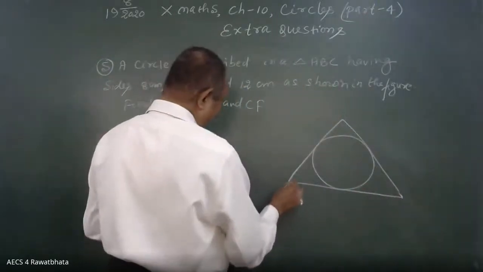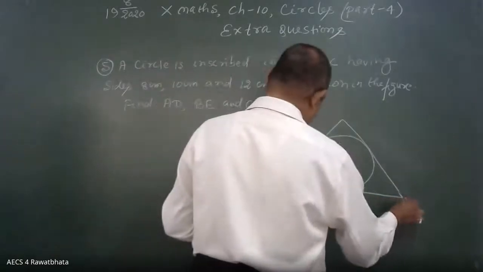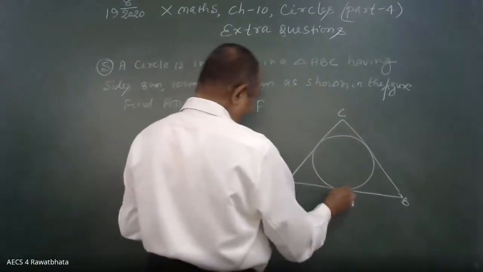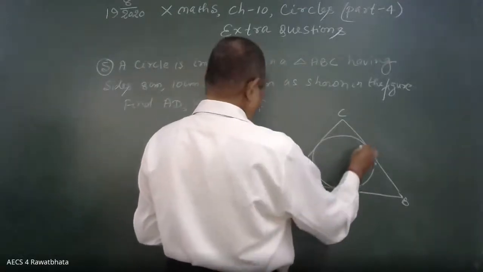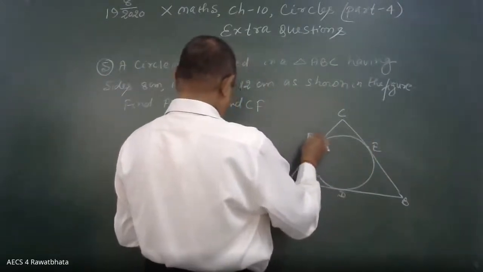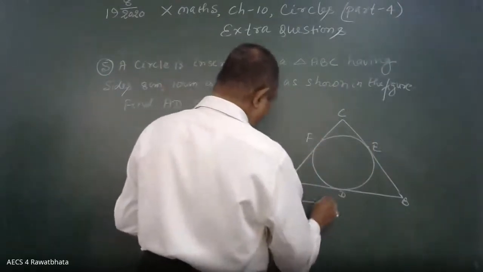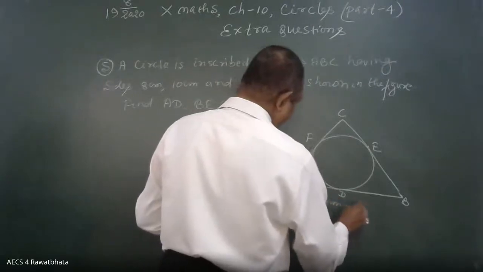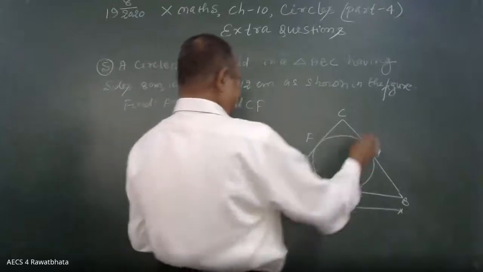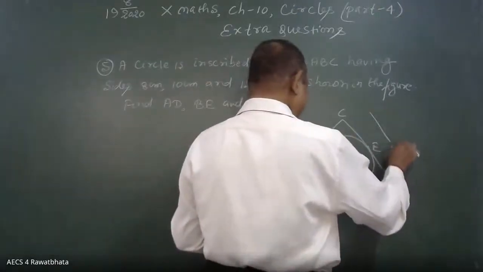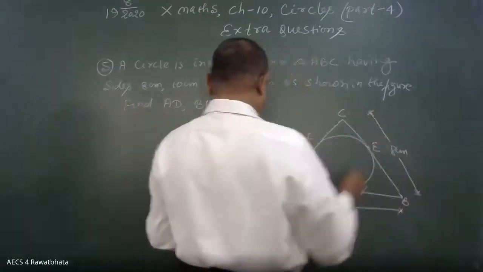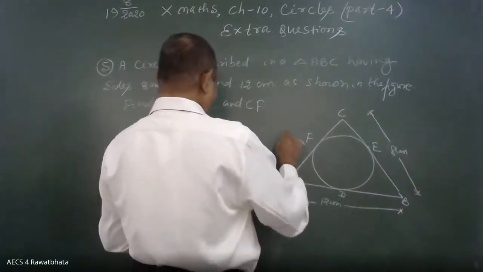The triangle is A, B, C, and the points of contact are D, E, F. This is 12 centimeter, AB. This is 8 centimeter, and this is 10 centimeter, AC.